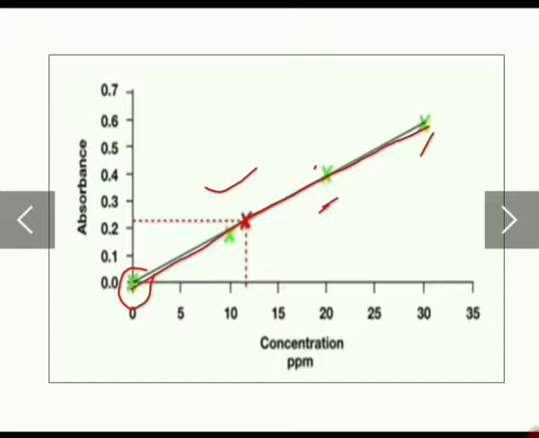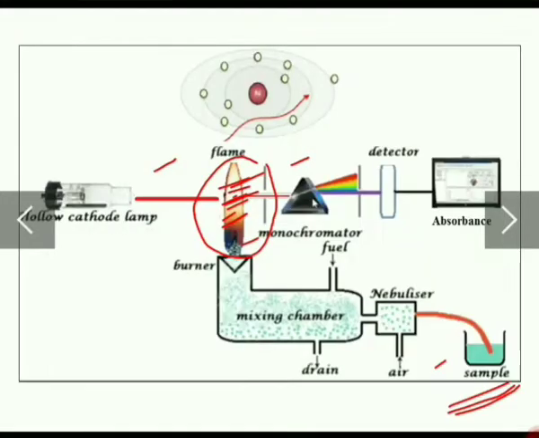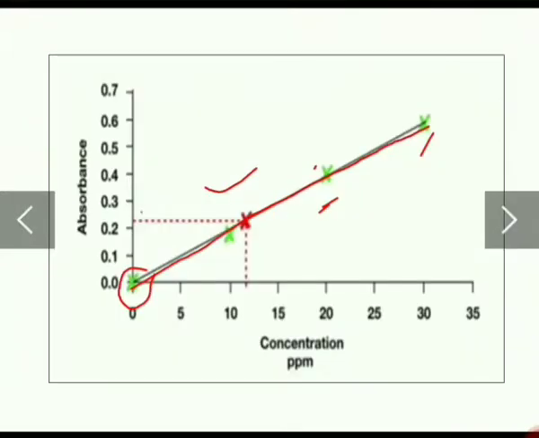Now we know the concentrations 10 ppm, 20 ppm, 30 ppm, but the very important part is that we should know the concentration of the unknown sample. So here the concentration is not known to us. You have to aspirate it to the flame, and when you aspirate it to the flame, you get an absorbance.